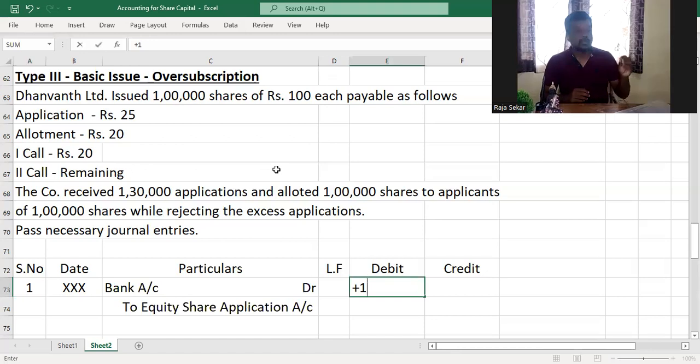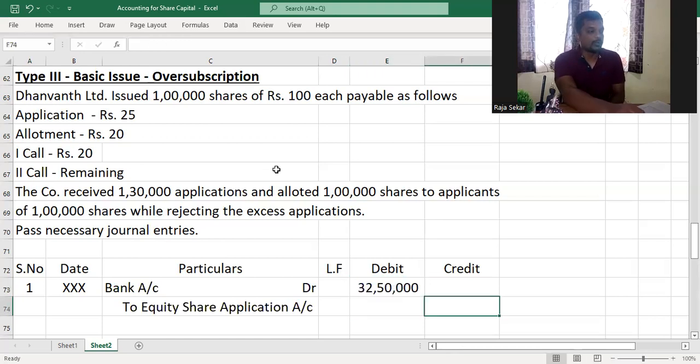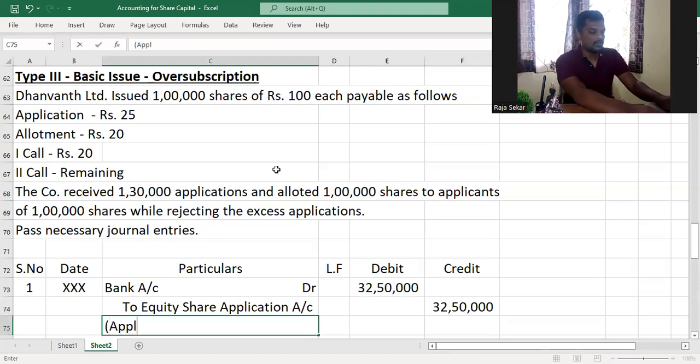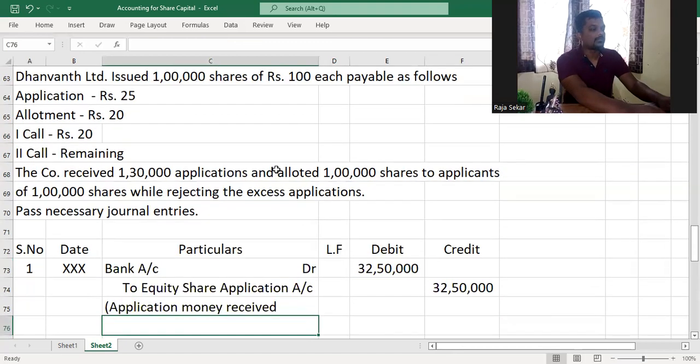In Dhanvant Limited's case, the company has received 1,30,000 applications in this issue. So that will be 1,30,000 multiplied by the application money of 25 rupees each. Application money received.